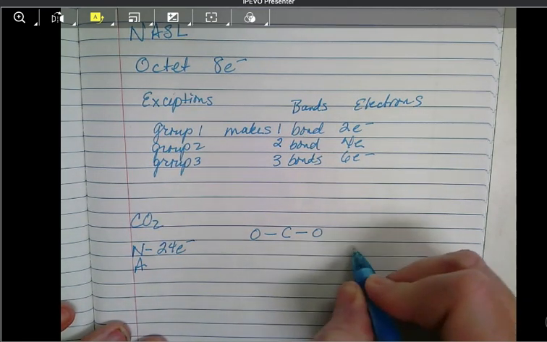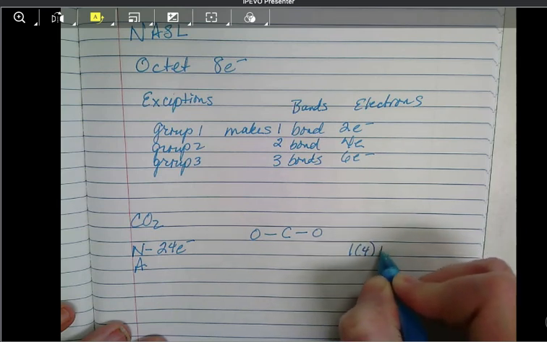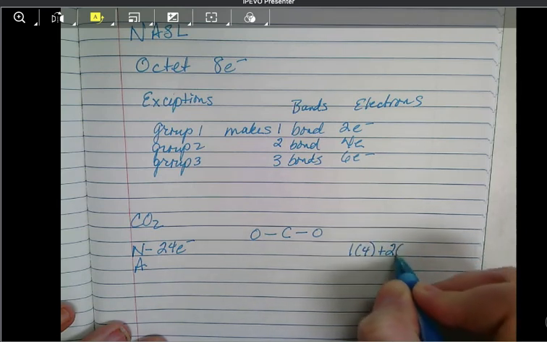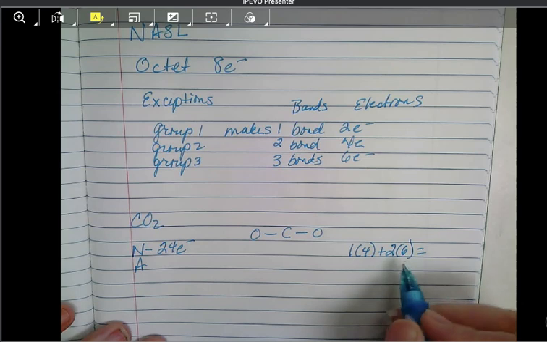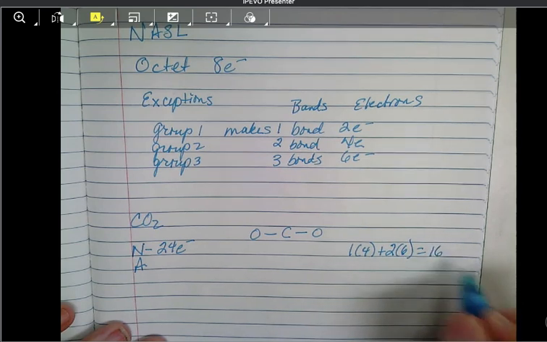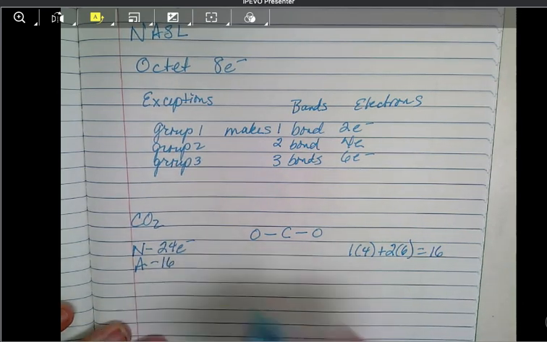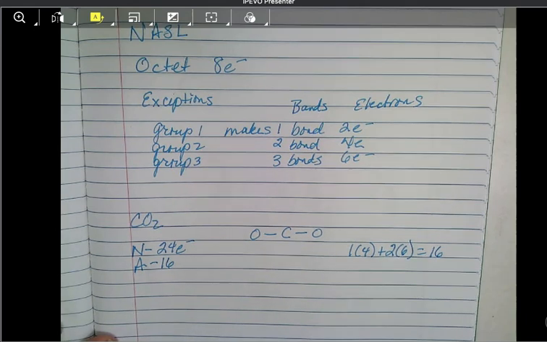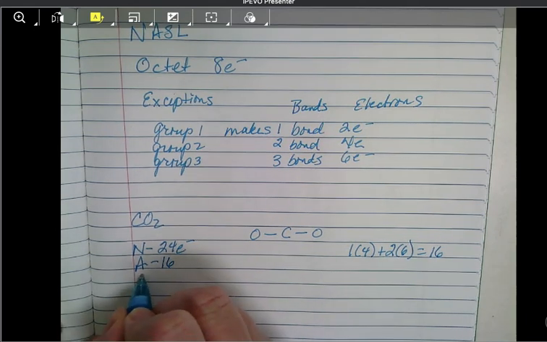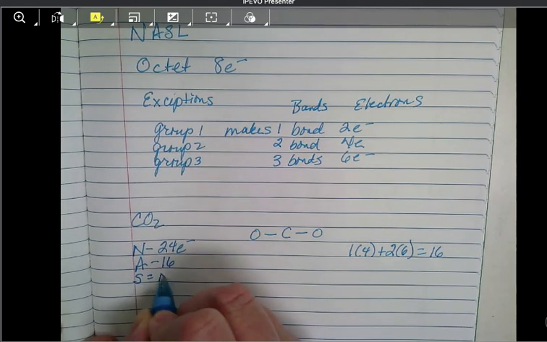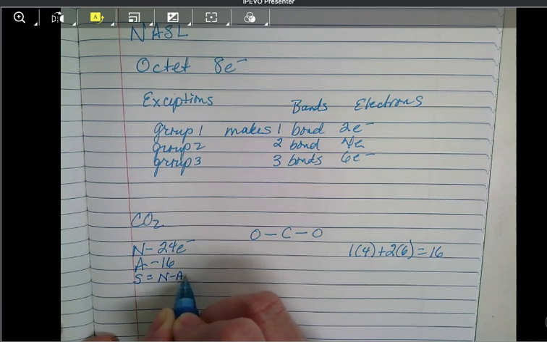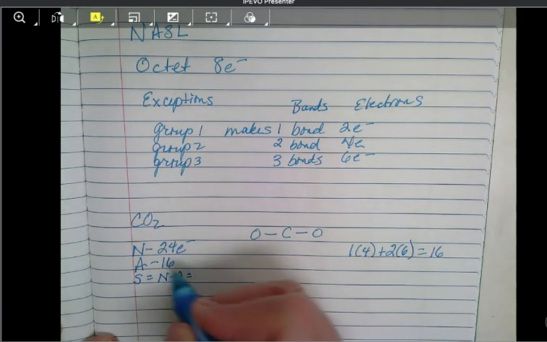For carbon, I have 1 carbon. It has 4 electrons. I have 2 oxygens with 6 valence electrons. That's 12, 16. So available, 16 electrons. Now, shared is going to equal N minus A, which is 24 minus 16, and that's 8.